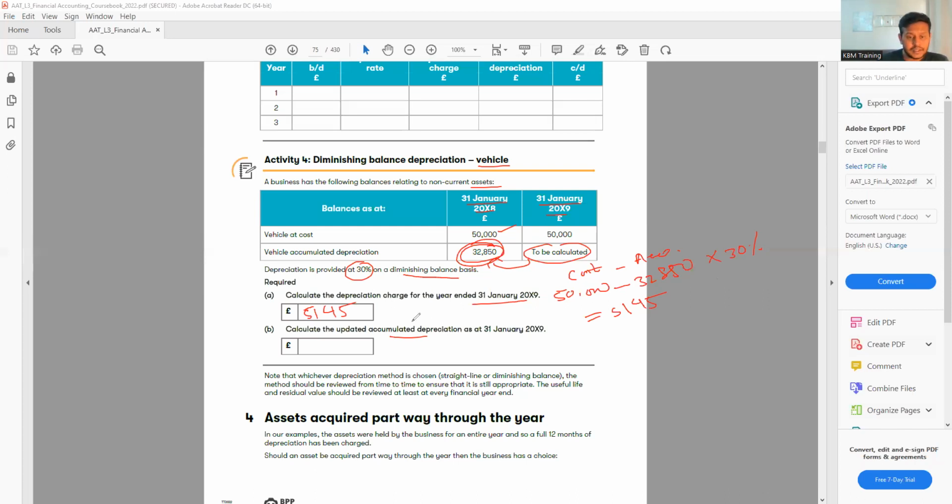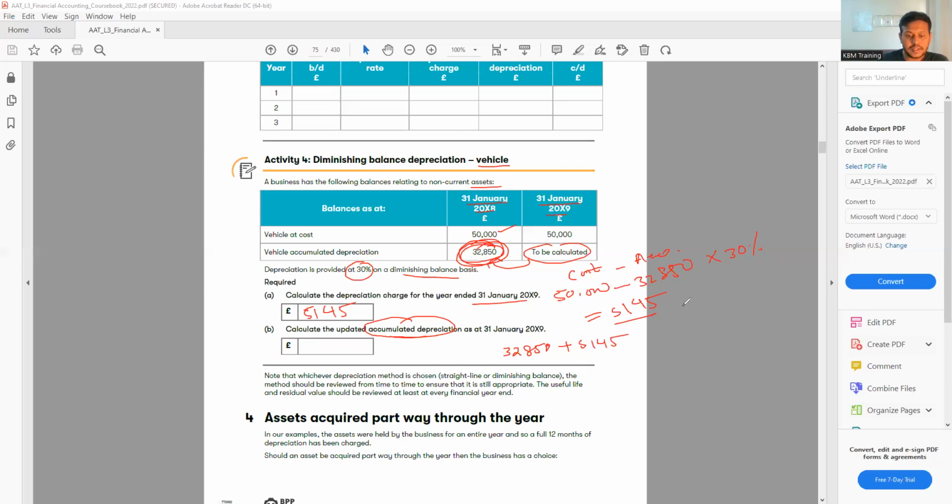The next one is accumulated depreciation. For the accumulated depreciation, you need to see how much depreciation you already have: 32,850 plus 5,145.